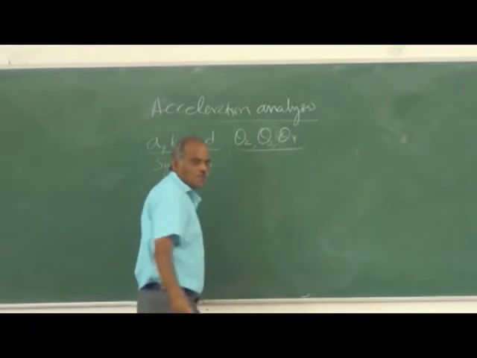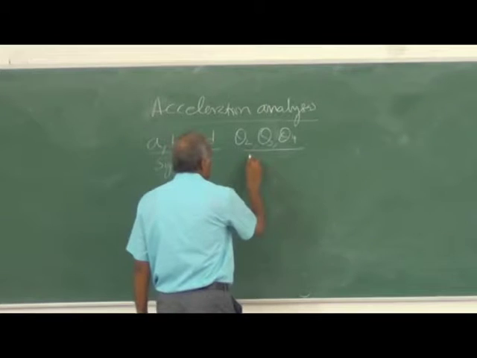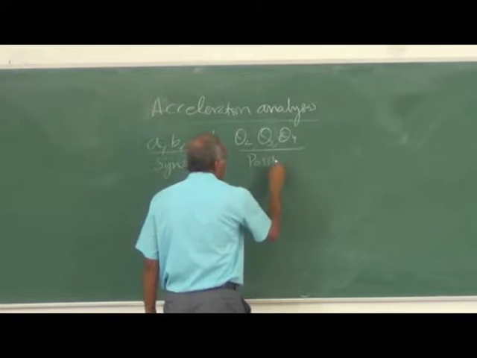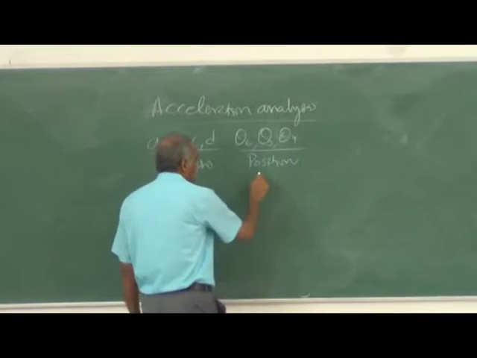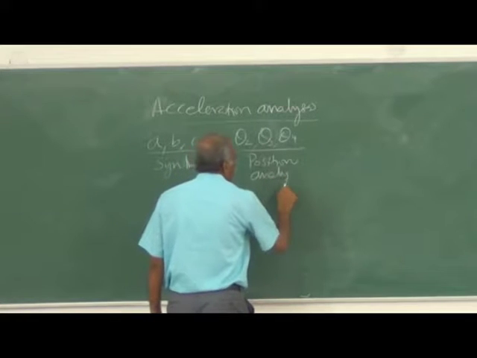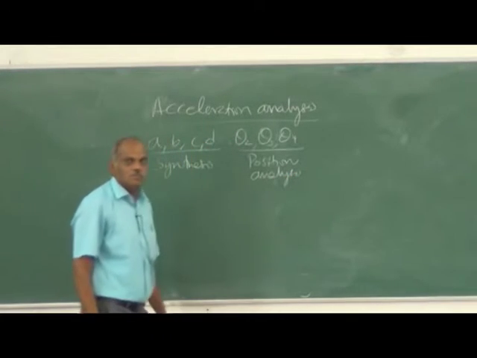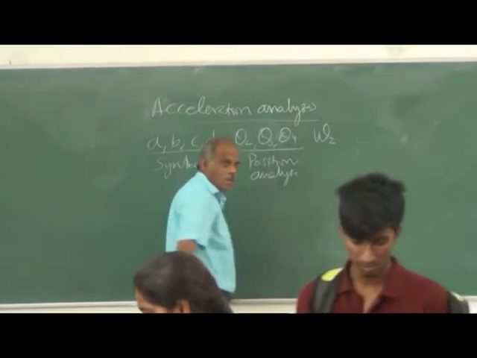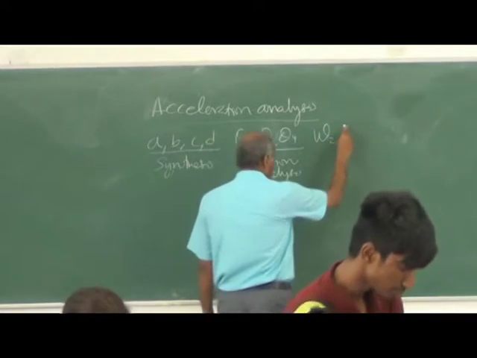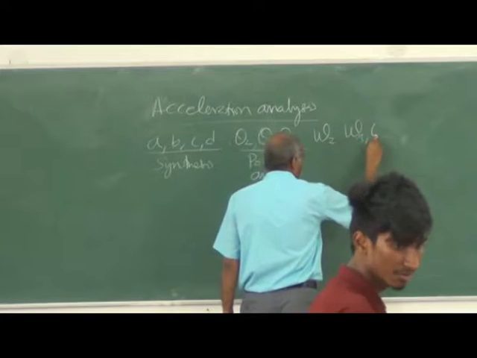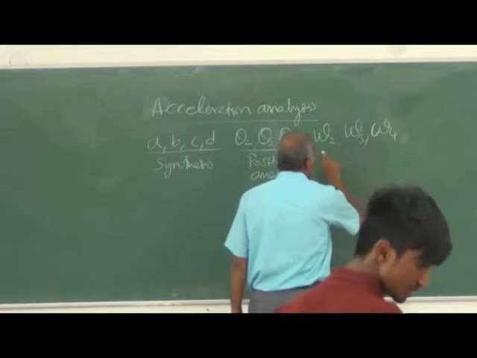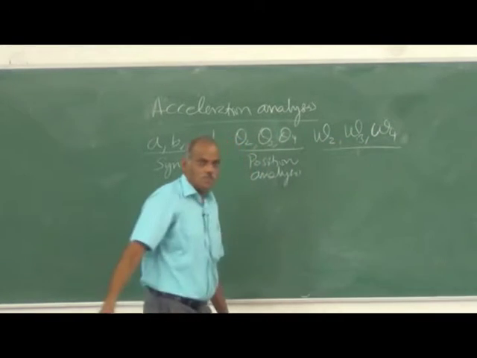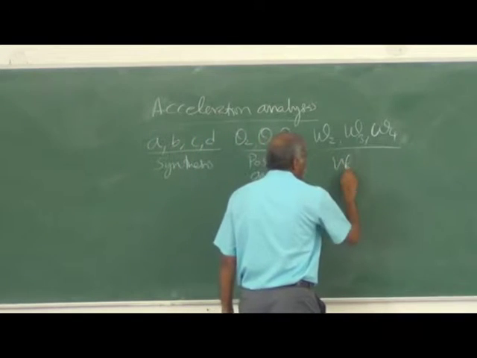You got these three by position analysis. Then you are given omega 2, and you have found out omega 3 and omega 4. This you have got by velocity analysis.